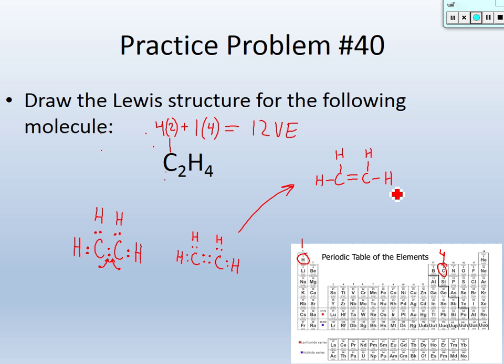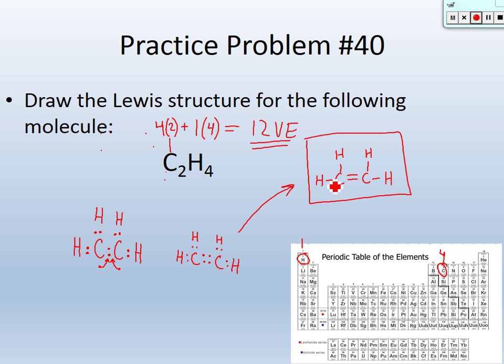And so my finished product, at least I think this is right, we're going to check it, would look like this. Okay? And so now let's make sure that we've got accounted for all 12 valence electrons. Each line represents 2, so there's 2, 4, 6, 8, 10, 12. And so yes, I have all 12 valence electrons. Now let's make sure they're obeying the octet rule.